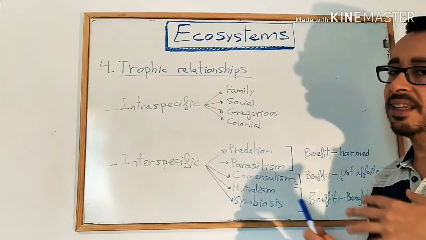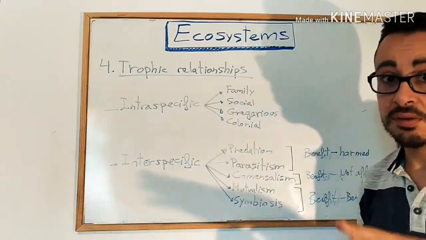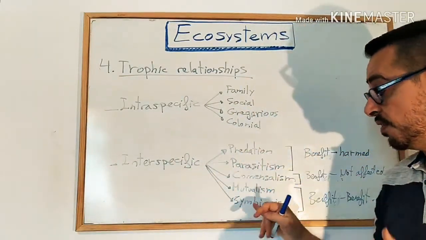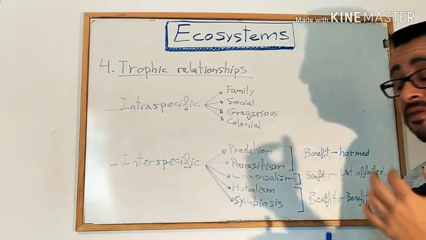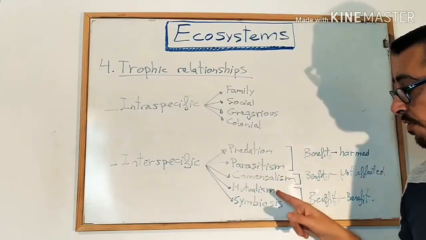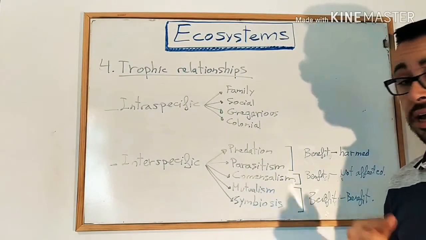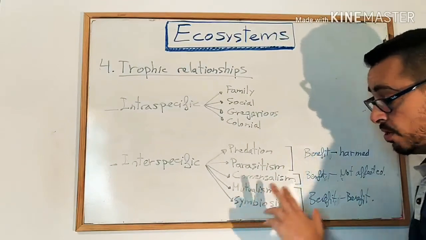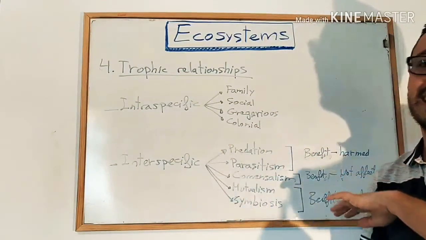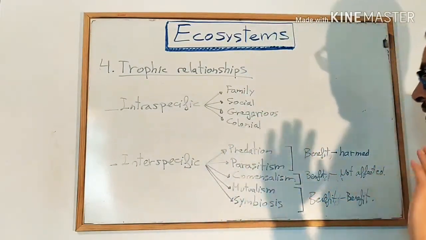The fungus can't live without those nutrients. It would die if the alga wasn't there, and the alga would die if the fungus wasn't there. So the difference is that in mutualism both help each other, but they can live separately. But in symbiosis, they help each other and they cannot live separately.